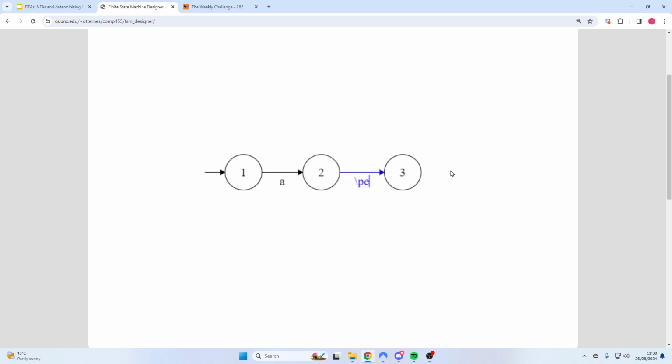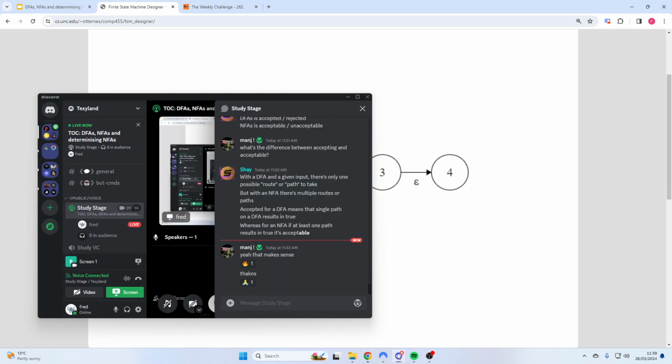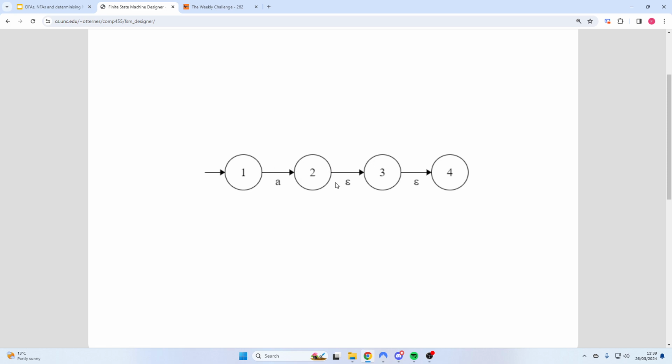So I'll do another one. Even if we had 2 epsilons here, after consuming A, we could be at 2. And if we're at 2, we could be at 3, and if we're at 3, we could be at 4.